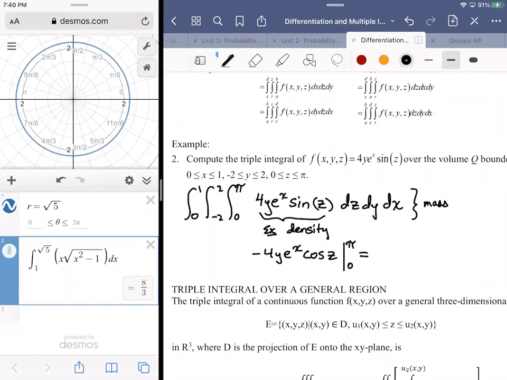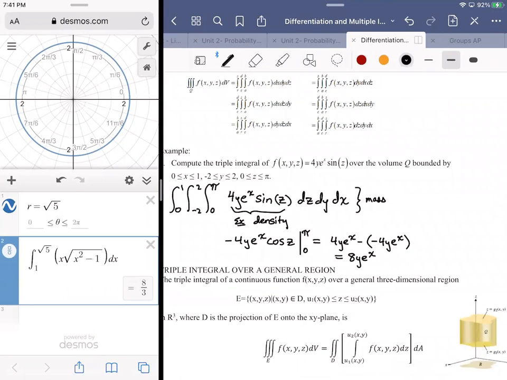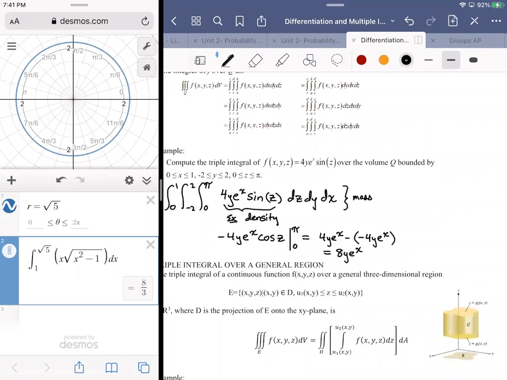So we're looking at first the pi. That's going to give me a 4y e to the x minus, then I plug in the 0, another 4y e to the x, but this time negative. So that's going to total out to 8y e to the x. All right. That's the first part.